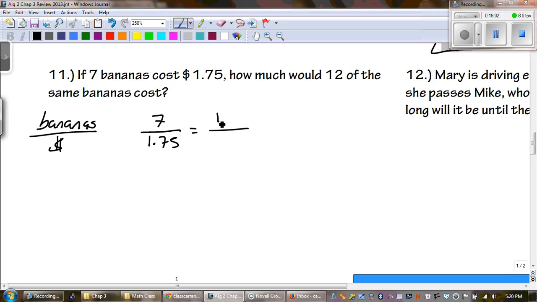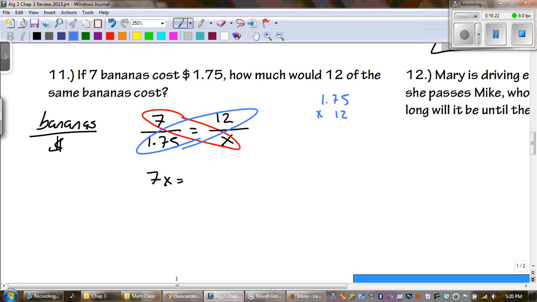We set up a proportion to figure everything out. Okay, so when we cross multiply, we get 7x equals, you gotta do 175 times 12. That's not on your multiplication chart.